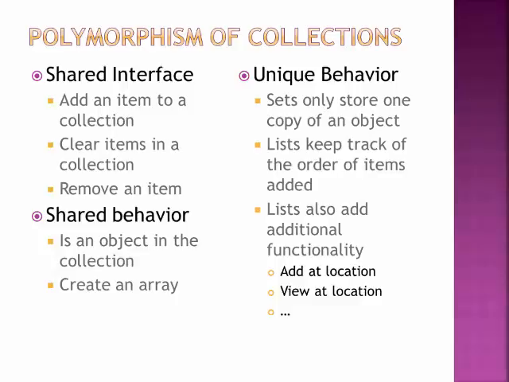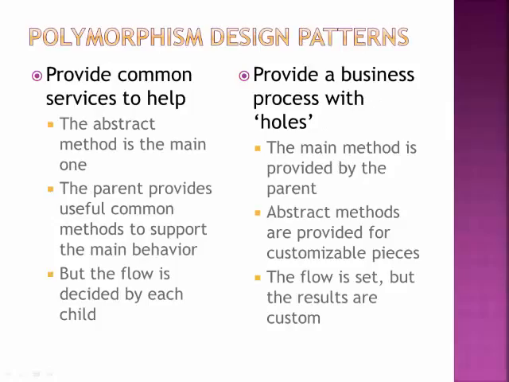They have common behavior, they have unique behavior. And so there's certain patterns that we're going to use in order to realize designs within polymorphism. The idea is the abstract class is the main class, and I can provide common services to help. So I know this big important thing. I add some services inside of there, but each child determines how that gets used.